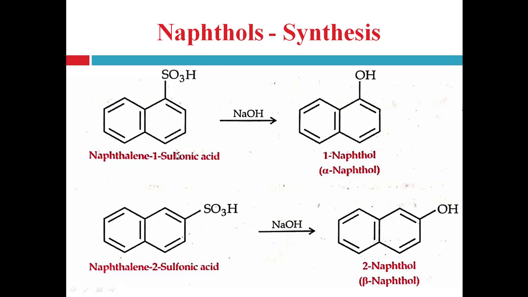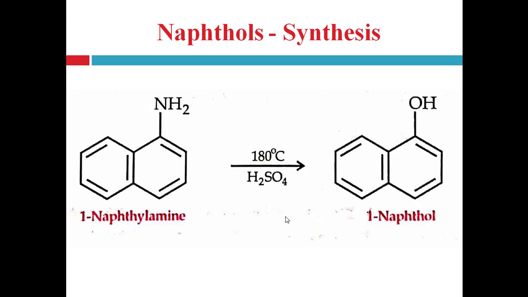In industry, 1-naphthol or alpha naphthol can be prepared from naphthalene 1 sulfonic acid, which is fused with sodium hydroxide to form 1-naphthol, right? To prepare 2-naphthol, naphthalene 2 sulfonic acid is taken, right? So when naphthalene 2 sulfonic acid is fused with sodium hydroxide, it will form 2-naphthol or beta-naphthol.